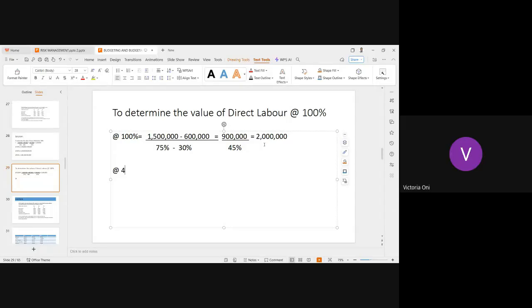At 40% multiplied by 2 million, that is 800,000.